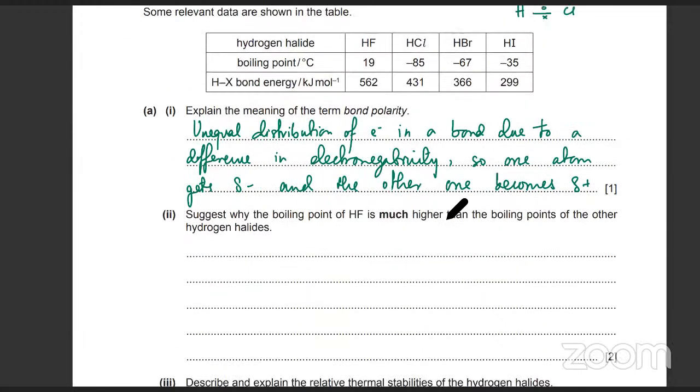Suggest why the boiling point of HF is much higher than the boiling points of the other hydrogen halides. Now, HF has a higher boiling point. Why? Because it has hydrogen bonding. Fluorine is one of the most electronegative elements, so this one is going to be a highly polar molecule. The fluorine will be pulling the electrons very, very strongly towards itself.